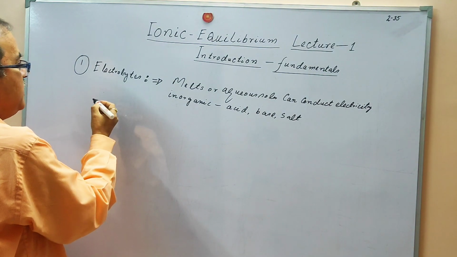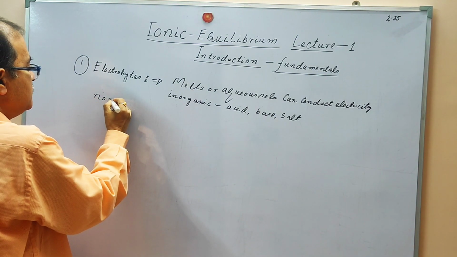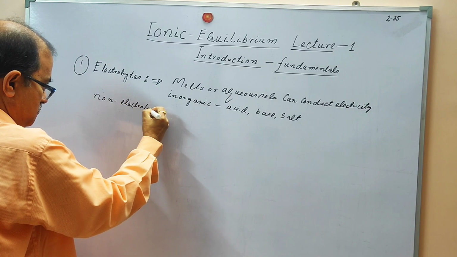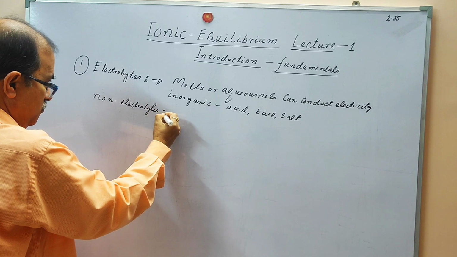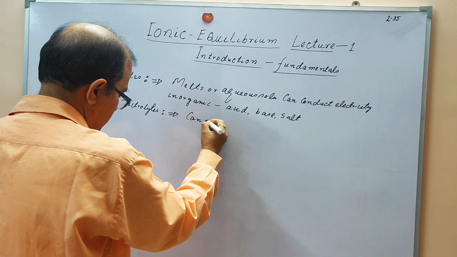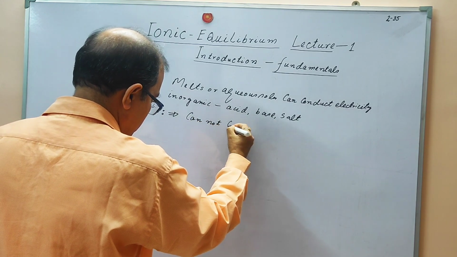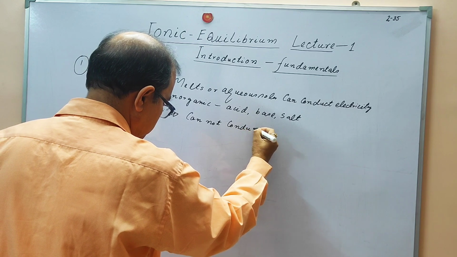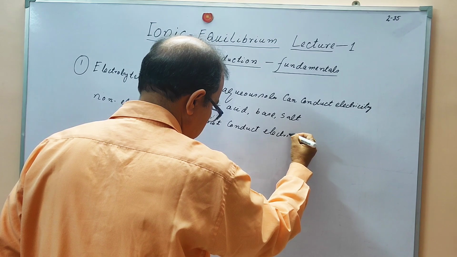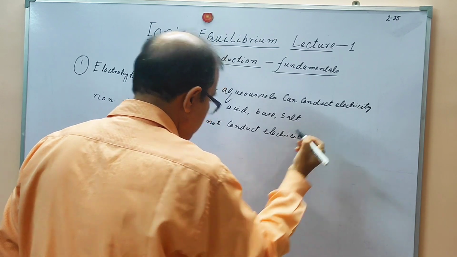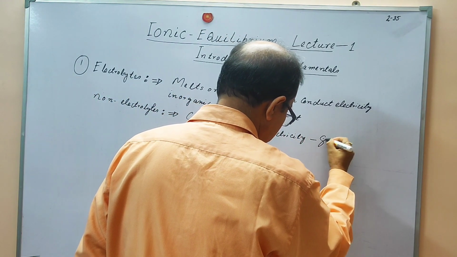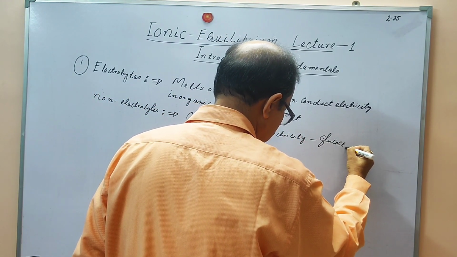Another variety of substance is the non-electrolytes. Non-electrolytes are those that cannot conduct electricity in their aqueous solution. Examples you can see are glucose and urea.